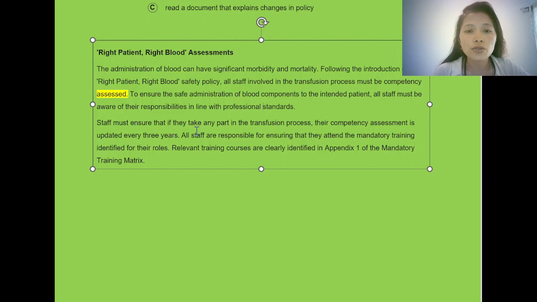And staff must ensure that if they take any part in the transfusion process, their competency assessment is updated. Again, competency assessment is here, right? And this is probably what we have seen in option A. All staff are responsible for ensuring that they attend the mandatory training identified. Not relevant one. Relevant training courses are clearly identified, and this is also not relevant.